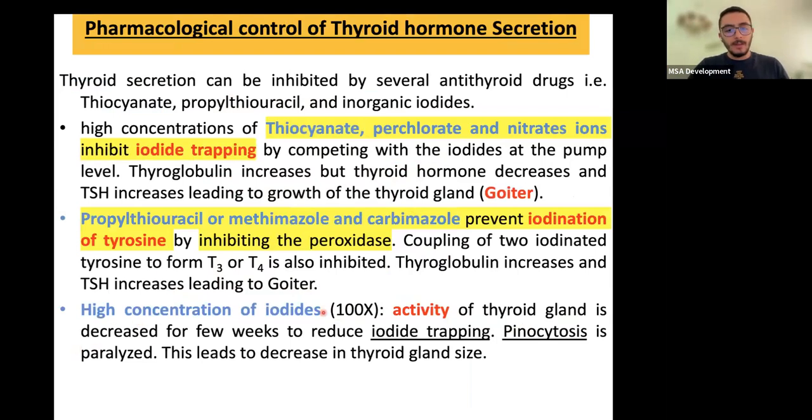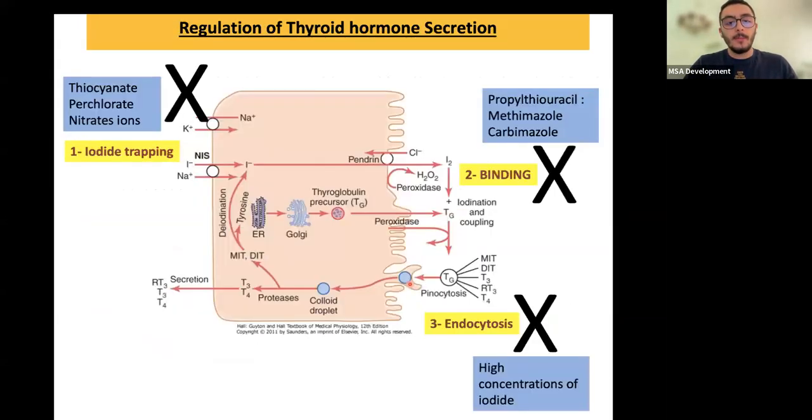Okay. Finally, high concentration of iodides. The activity of the thyroid gland is decreased for a few weeks to reduce iodide trapping. If we have very, very high concentrations of iodine in the blood, this co-transporter will not work because it has to keep the amount of iodine in the follicle generally under a certain level.